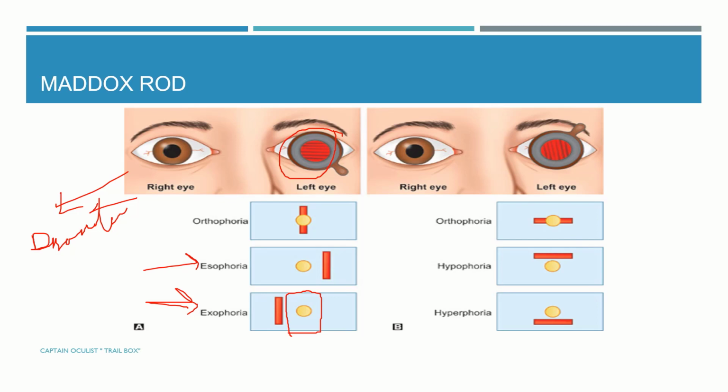Both vertical and horizontal deviation can be measured, but the test cannot differentiate phoria from tropia. As we all know, the difference between phoria and tropia: latent and manifest, hidden and non-hidden, tropia or squint or strabismus.